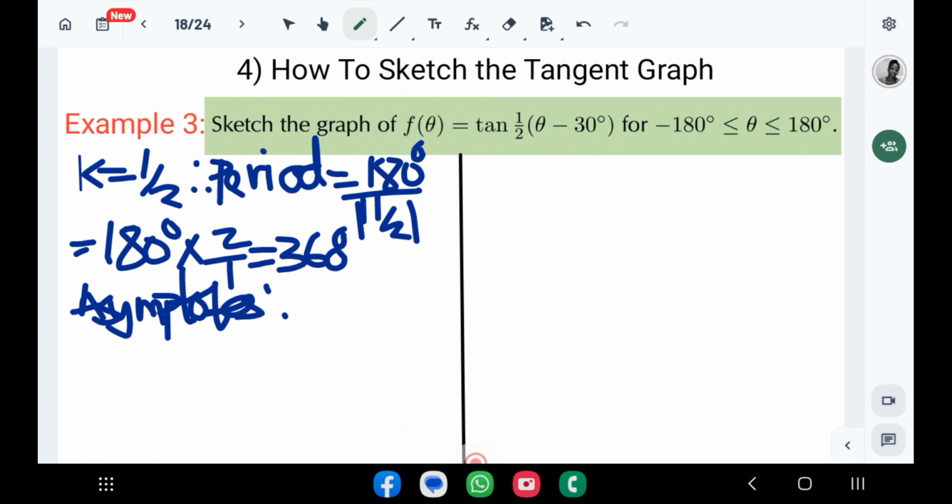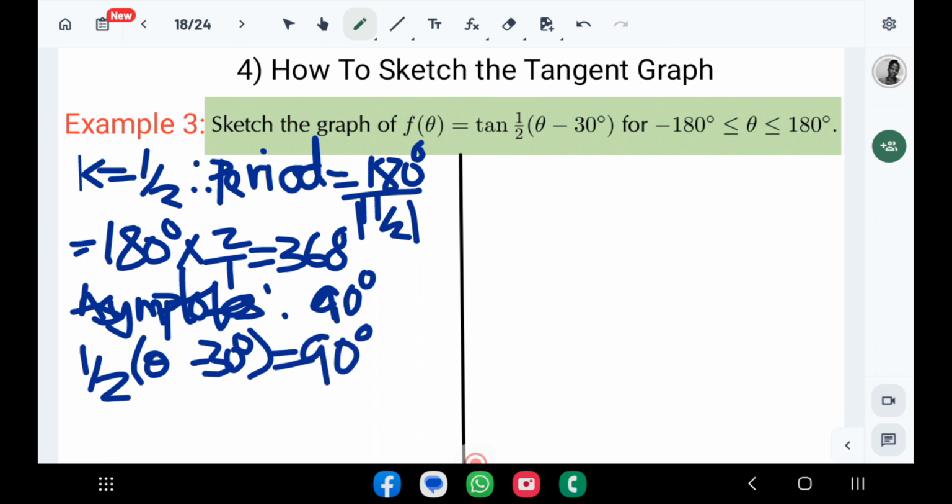Under normal circumstances, your asymptotes should be at 90 degrees and negative 90 degrees. So what we do is equate this whole angle to 90 degrees. So we go 1 over 2 in brackets theta minus 30 degrees equals 90 degrees. That's the easy way of dealing with a complex question like this.